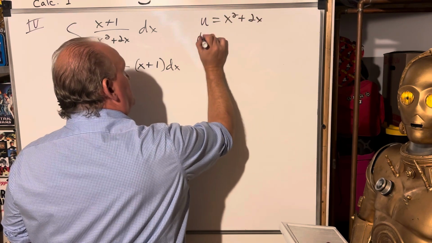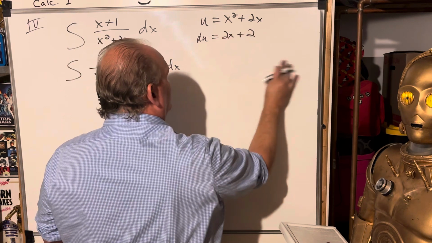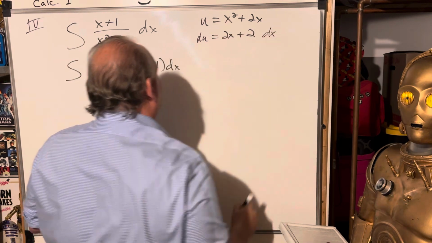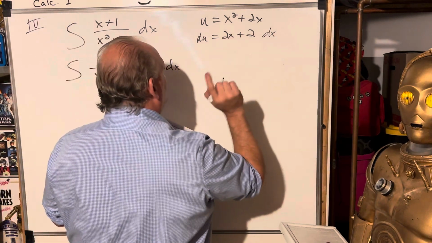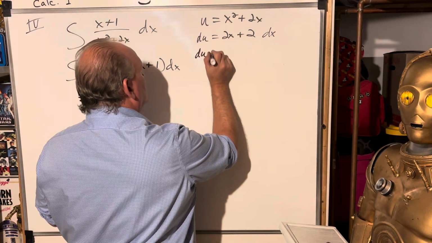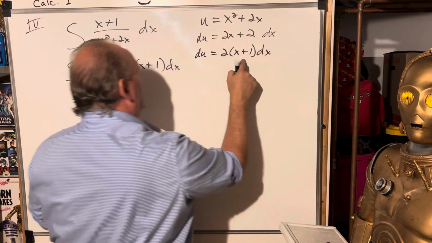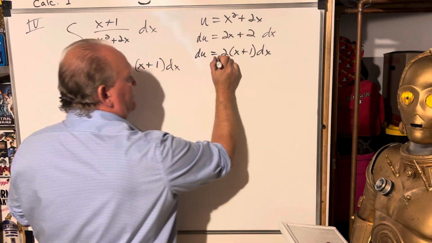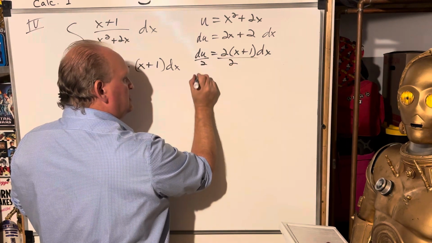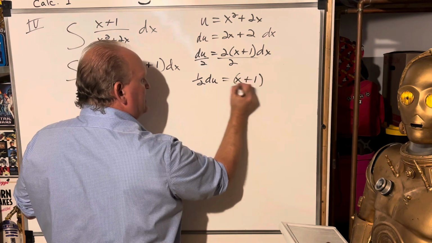And then du is going to equal 2x plus 2 dx. And you might say, no, but that's not what's there, and it isn't, but oh, it's so close. If I factor out a 2, look. So it's just off by a factor of 2. We'll just divide out the 2, and now we have matched it.